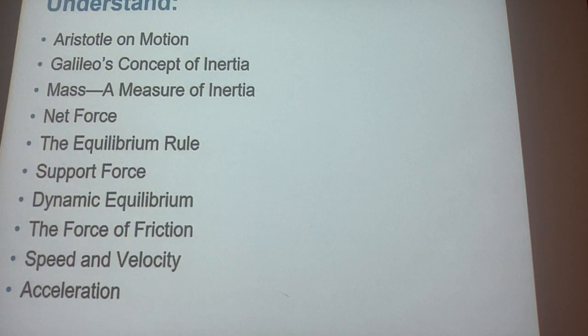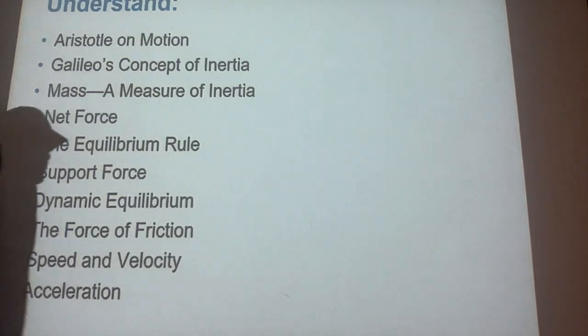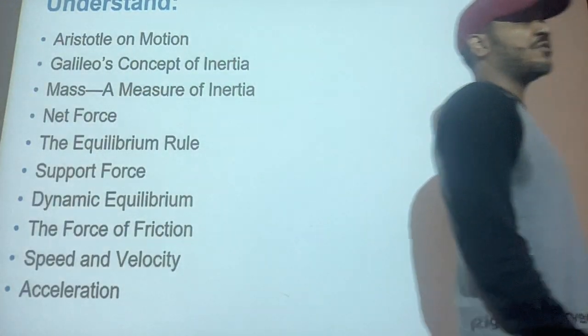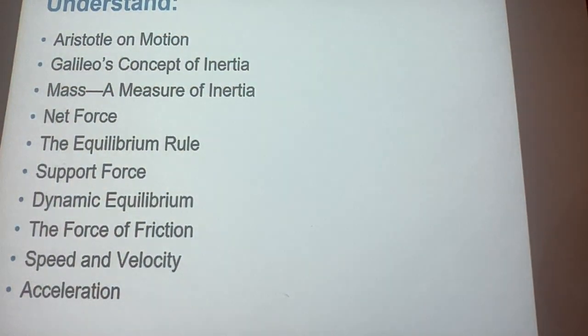A lot of that goes back to things you learned when you were very young, maybe in middle school, maybe some in high school. Maybe somebody took the time to talk about these things. Not me though. I'm not going to spend a lot of time on Aristotle and Galileo because that's not important for us.